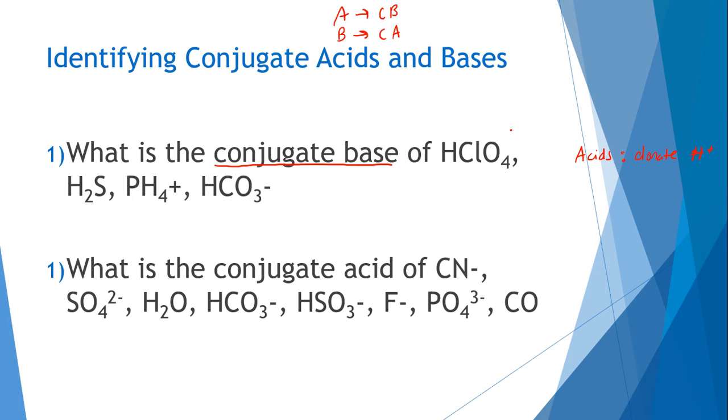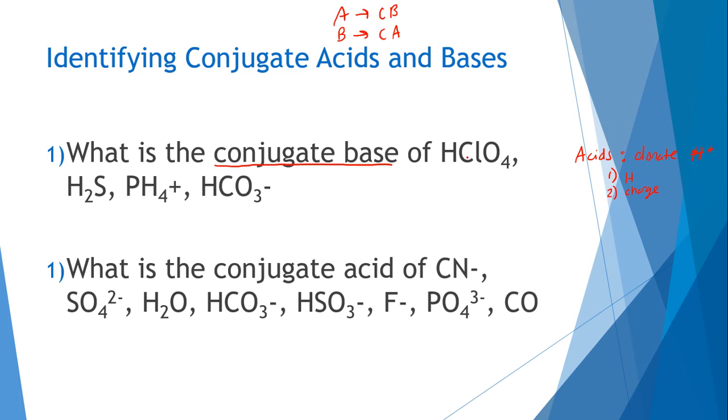So we're going to donate this proton here. There are 2 things you have to change. The first thing you have to change is the hydrogen. The second thing to change is the charge on your molecule because hydrogens are positively charged.